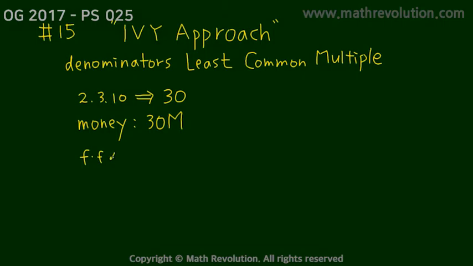So first, on fresh fruits and vegetables, John spent 1/2 of the money. So that is 30M times 1/2, which equals 15M.